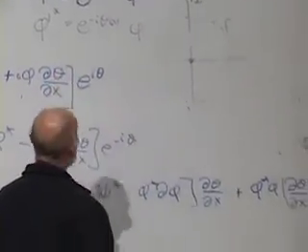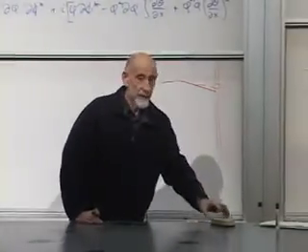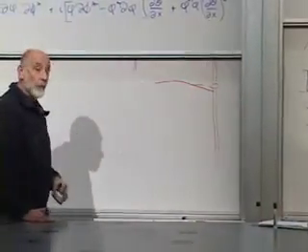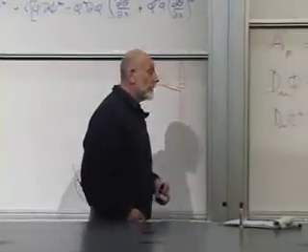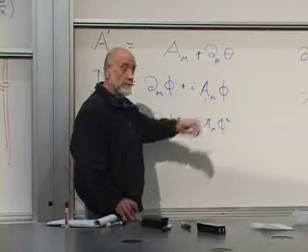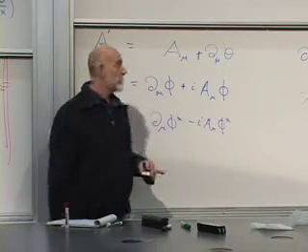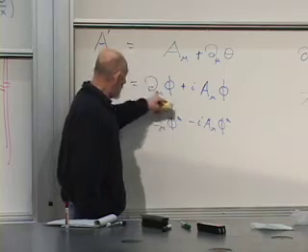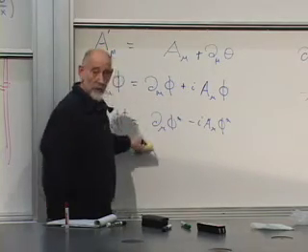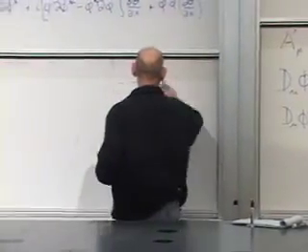Let's calculate the covariant derivative of phi prime. What we want to show is that the covariant derivative of phi prime is essentially the same as the covariant derivative of phi. That would then establish that the new Lagrangian, which involved the square of these, was really invariant. So let's check that out.